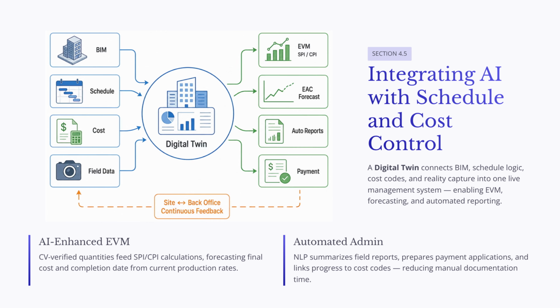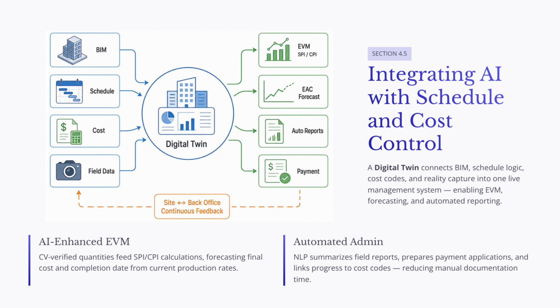AI can also strengthen earned value management, or EVM. Traditionally, EVM connects scope, schedule, and cost, but it often depends on manual progress reporting. Because of this, metrics such as the Schedule Performance Index and Cost Performance Index may be updated only after progress information has been collected and verified.